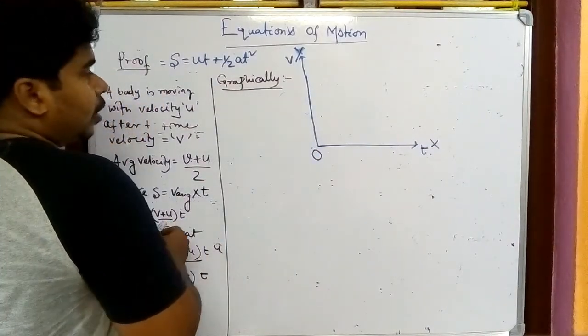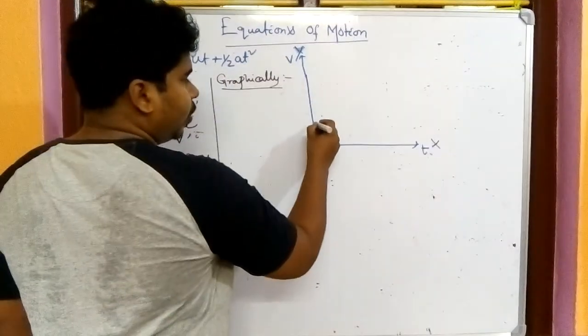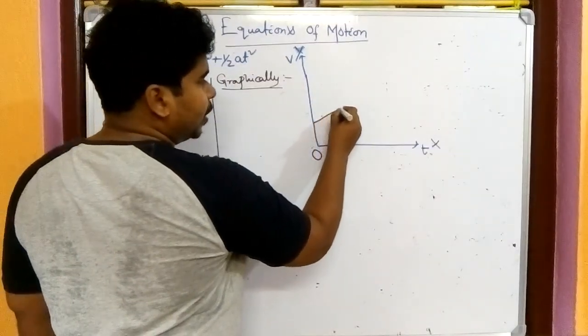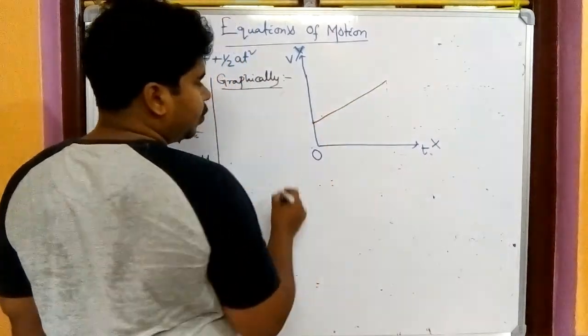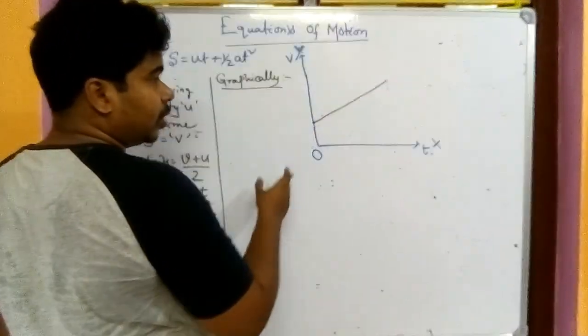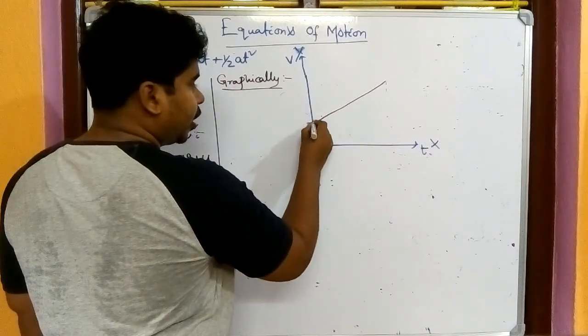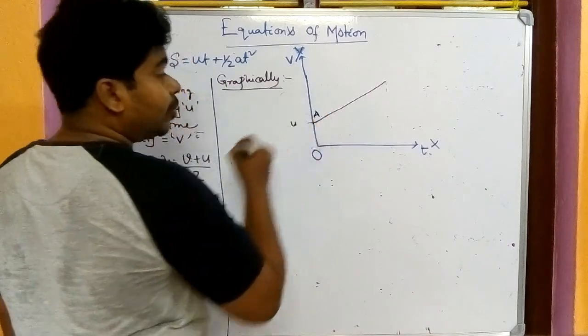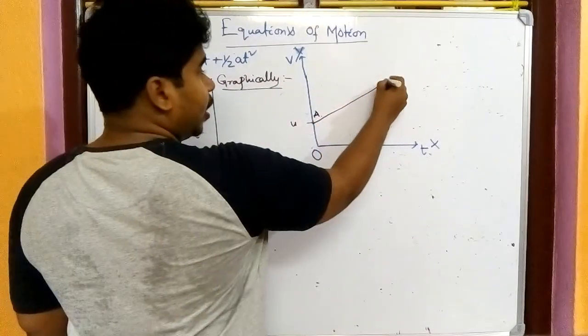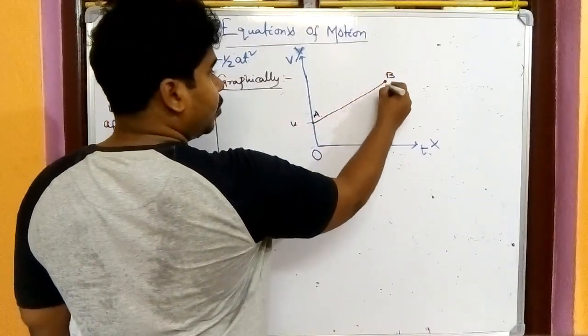The body should have an initial velocity, so this is the point where the graph starts. That point gives us the initial velocity u. This point is denoted by A. Here the point is denoted by B.